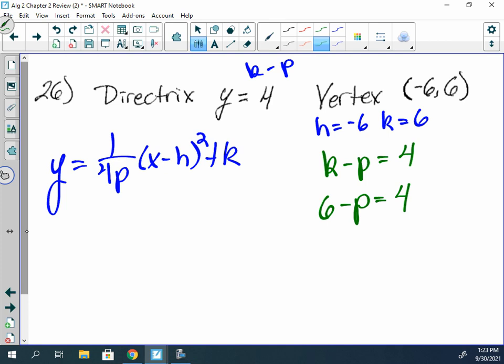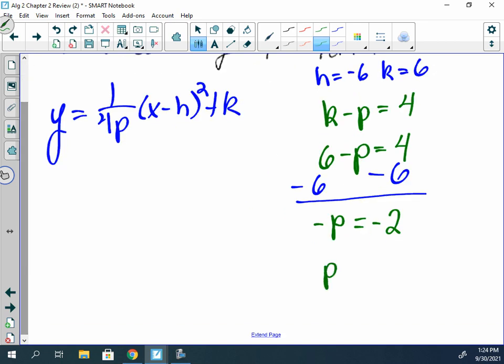Because what, 6 minus what is 4? 2? Yeah. Because we can go on and do the steps out, because we can subtract 6 from both sides. Well, that would be -2, wouldn't it? Well, on the other side, we have p equals 2. Yeah. Because 6 minus 2 is 4.